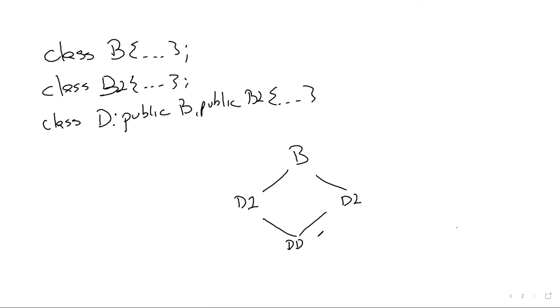Well, suppose, for example, that our base includes a data member called first name. So this first name would be in D1, and it would also be in D2, because they inherited from base. Now, if we look at double derived, something funny happens. We have both F name from the left one and F name from the right one, and we actually got schizophrenia.